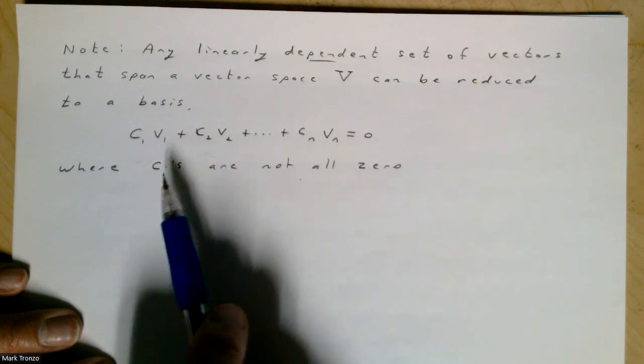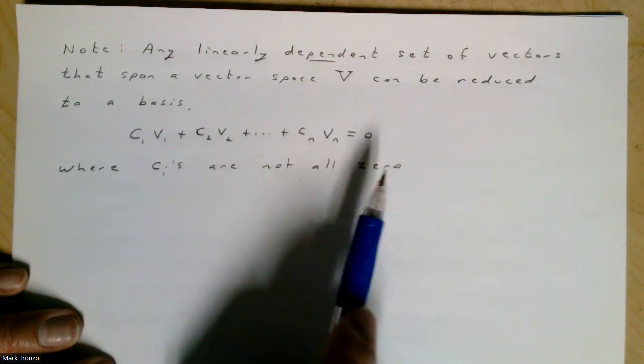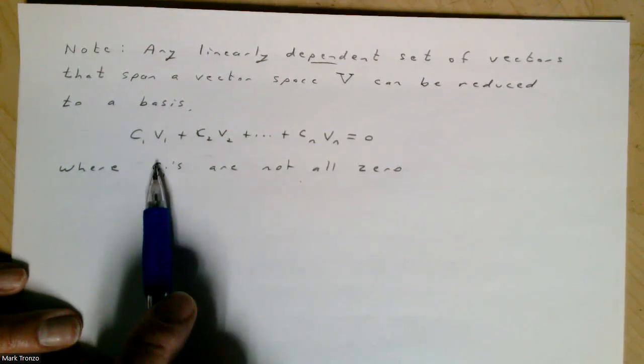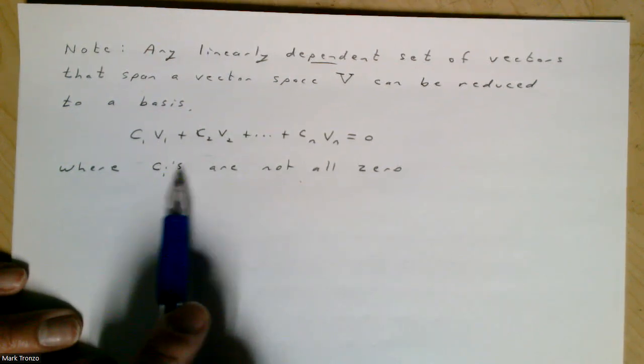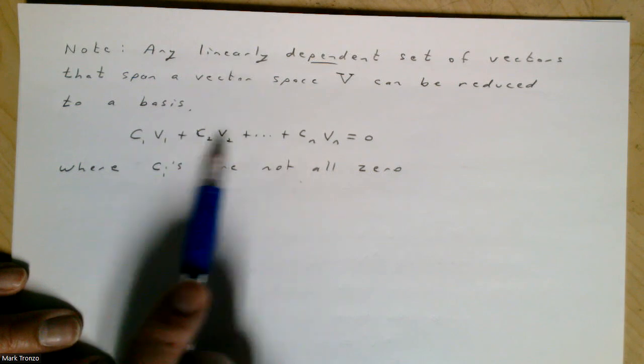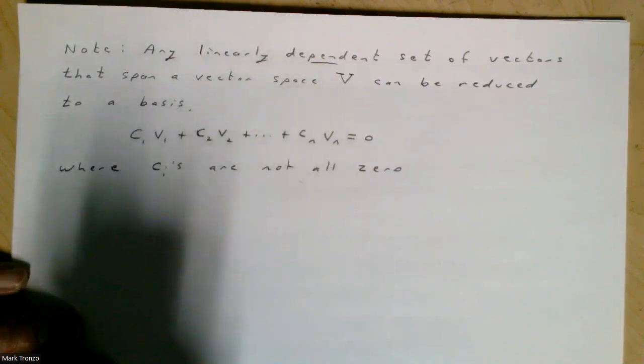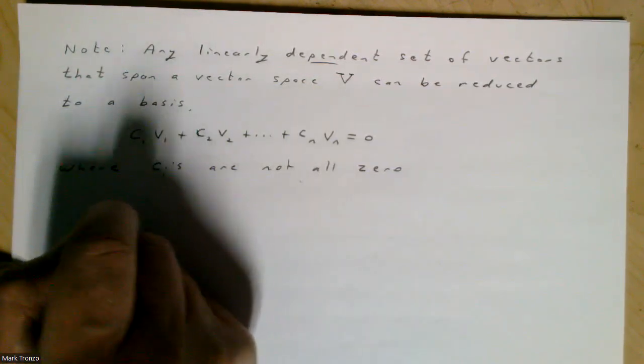You can't just have one not zero if you don't have the zero vector in there. And then what you could do is rearrange this. Let's say, for example, C2 is not zero.